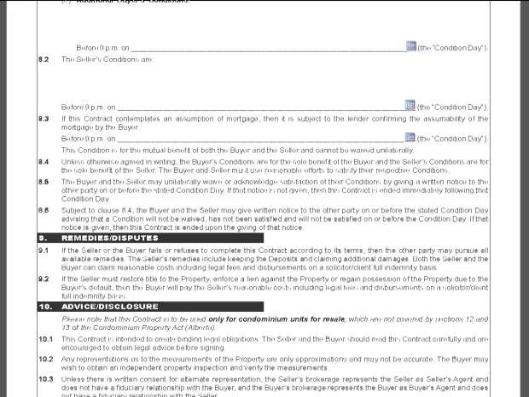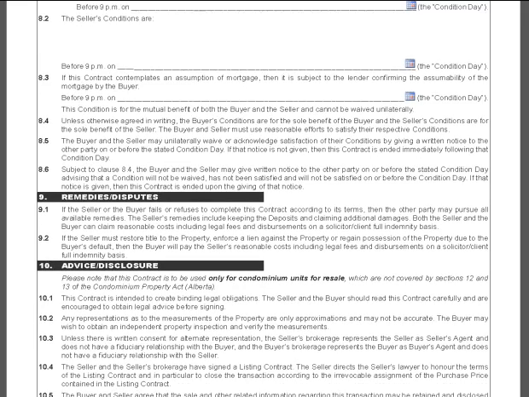Now the seller can include keeping the deposits, claiming additional damages, and both the seller and the buyer can claim reasonable costs, including any legal fees and disbursements. 9.2, if the seller has to restore the title to the property, then enforce a lien or regain possession due to the buyer's default, then the buyer will pay the seller's reasonable costs, including all these legal fees and disbursements that are incurred by the solicitor and client.